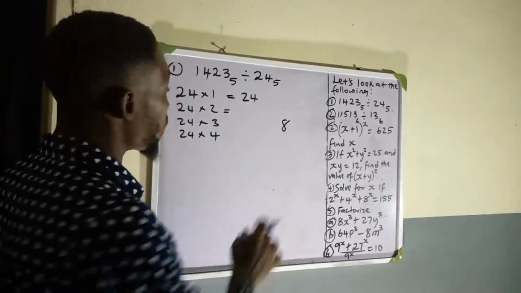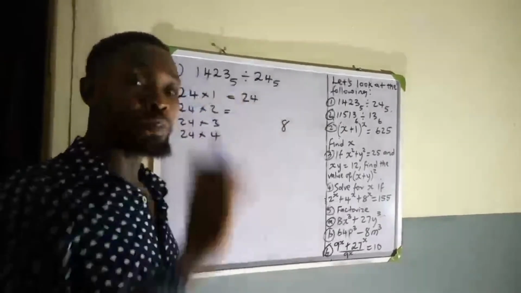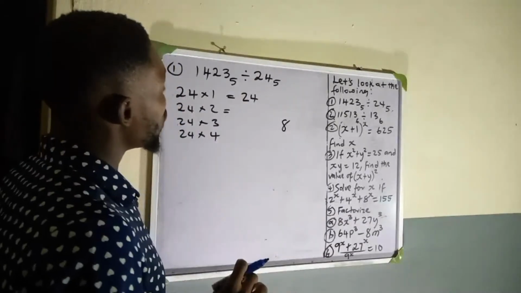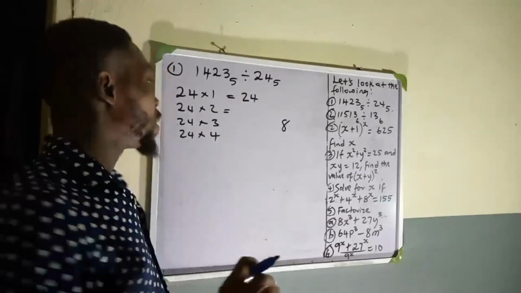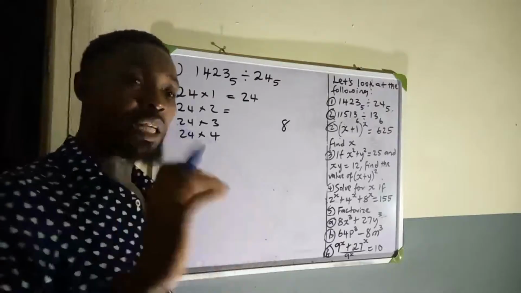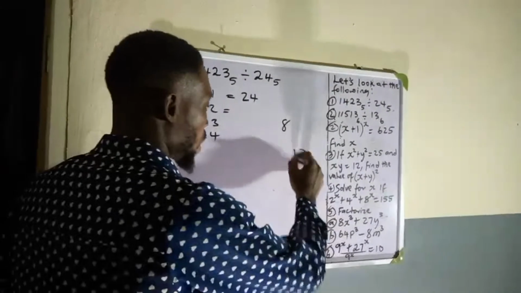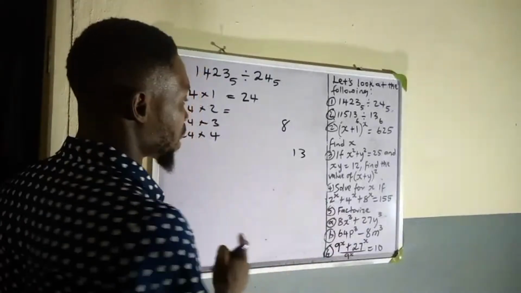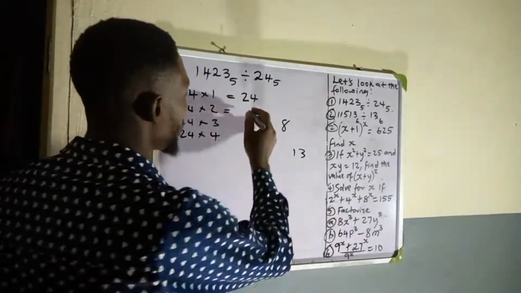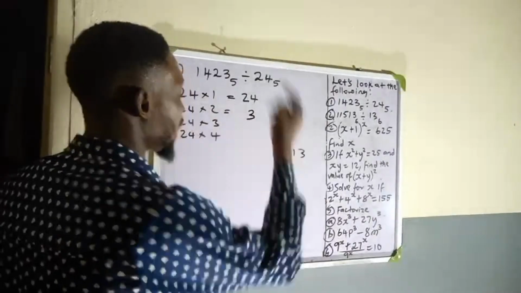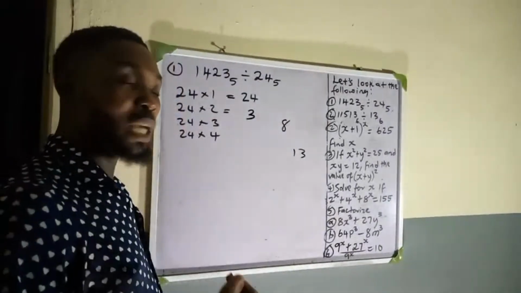So we divide 8 by the base, which is 5. It gives us 1 remainder 3. So we write the remainder 3 and the 1 goes in front, that's why we say 1, 3. So we write 3, carry 1. I hope that is clear.